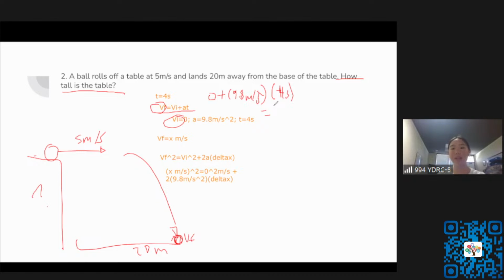Also, for meters per second squared, this is the second squared, not this entire value squared, because acceleration is measured in meters per second squared, just like that is its units. This is not equivalent to 9.8 squared meters per second.